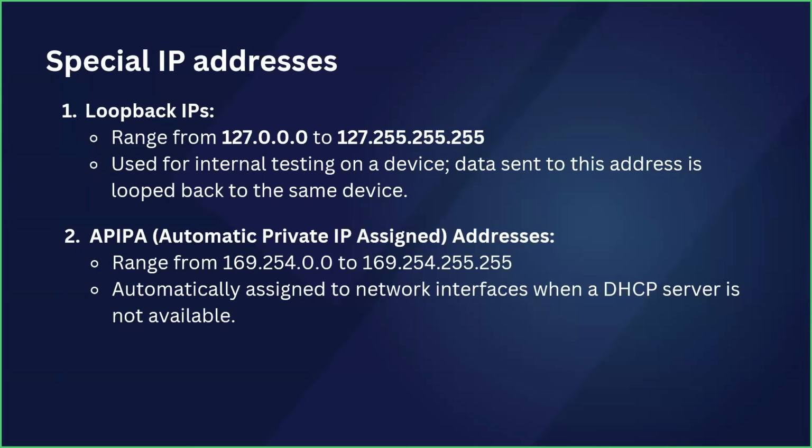So the Windows OS, Linux OS, or Android OS assigns an IP to your NIC. When you get this address, it indicates that your device is unable to retrieve an IP from other sources.